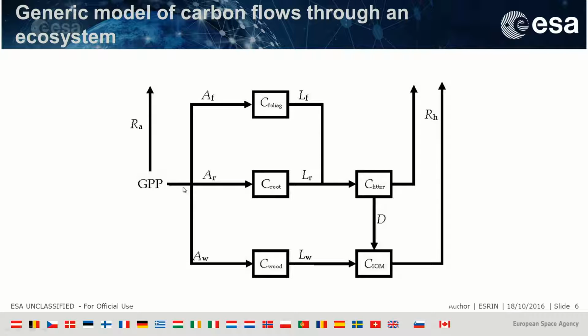What's left over, this is net primary production, along this channel here. That's what's available to the plant to build itself. And it's got to allocate this carbon to those three pools. So these are the allocation fractions to wood, roots, and foliage. So one decision the plant makes is, it's worked to photosynthesize material, now it's got to decide where to put it.